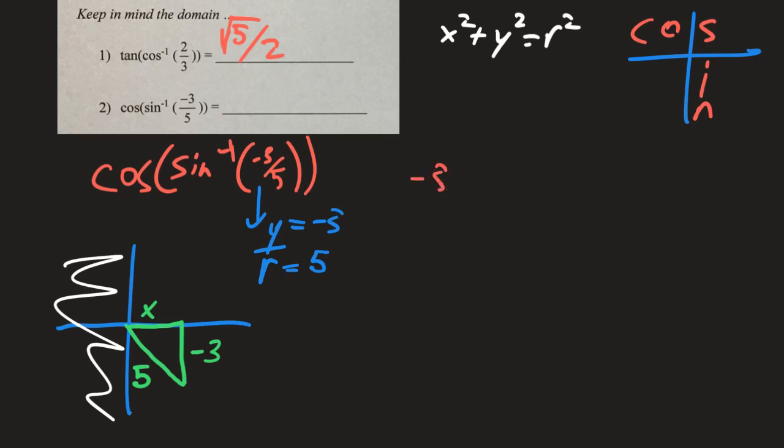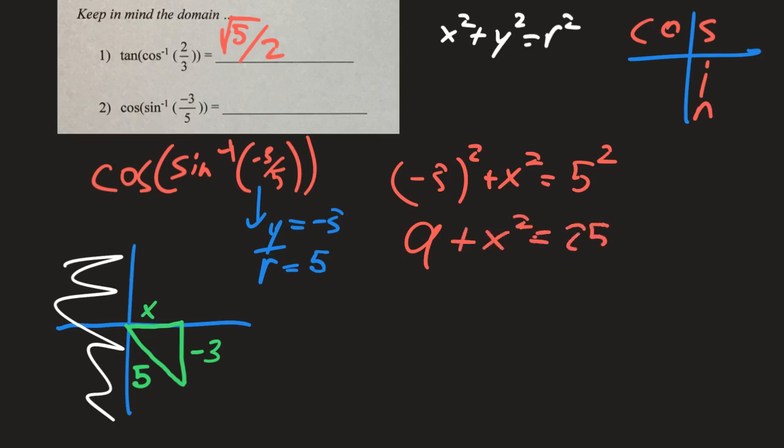So we've got (-3) squared plus x squared equals 5 squared. Notice the parentheses, guys, very important. 9 plus x squared equals 25. And we can continue solving. X squared equals 16. X equals 4 when I take the square root of both sides.